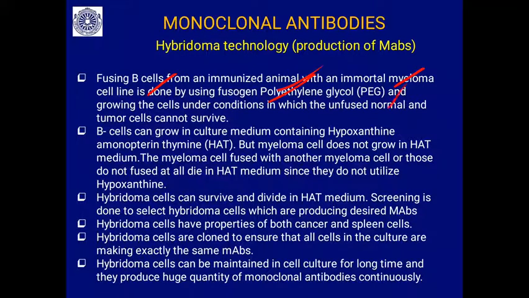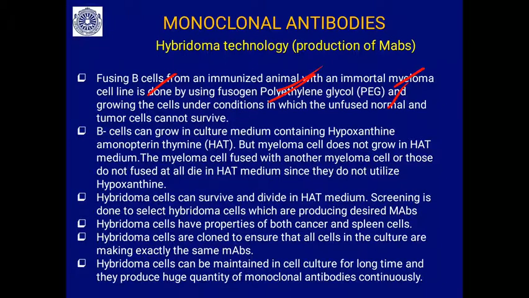That's why this agent, the fusogen polyethylene glycol, is used. Under this condition, the cells get fused and become hybridoma cells. Then we have to screen and sort out unfused normal cells and unfused tumor cells. All these we have to find out.